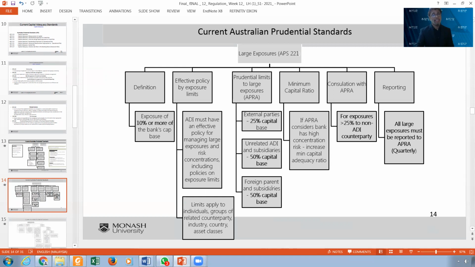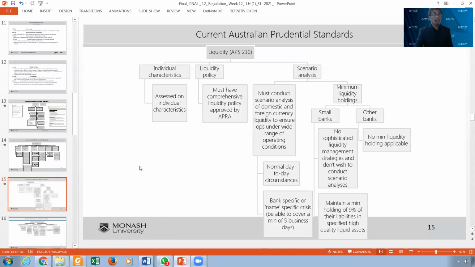But when you do that, you have to have approval from APRA. So consultation with APRA is needed for any exposure up to the 25%. Now remember, when we talk about APS 221, which is large exposure, it is related to credit risk. Now let me come to another interesting issue, which is liquidity.